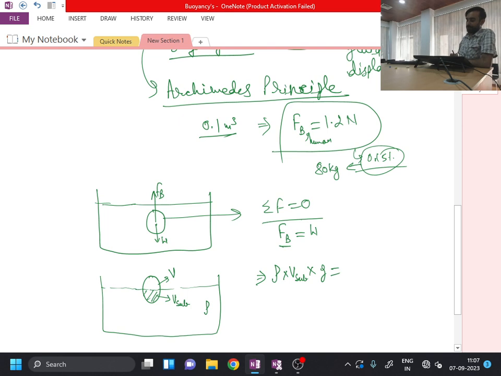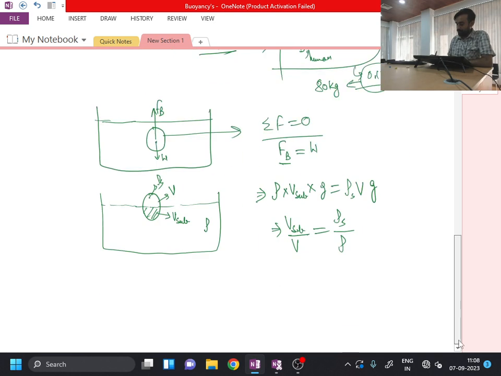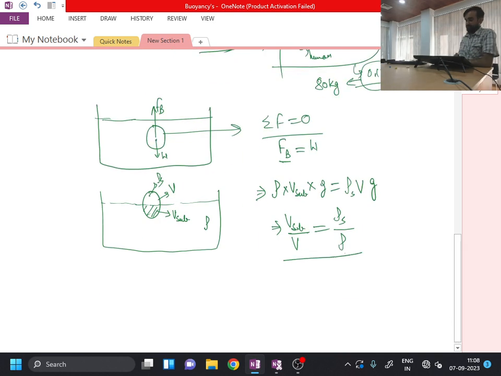And weight of the body, on the other hand, say rho s is the density of the body, so rho s times total volume of the body V times g. Okay, so from here g will be cancelling, and one important quantity I will be finding is that V submerged divided by total volume is equal to density of the body divided by density of the fluid. Okay, so this is one important ratio.